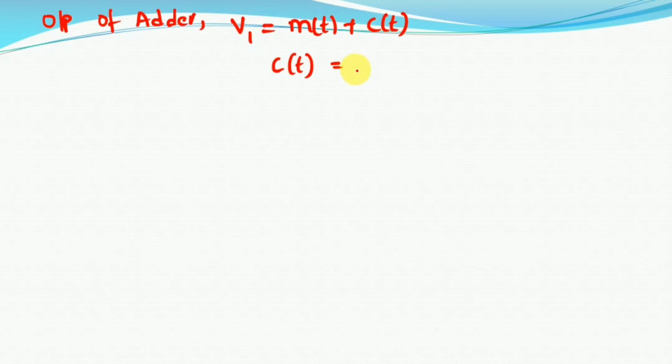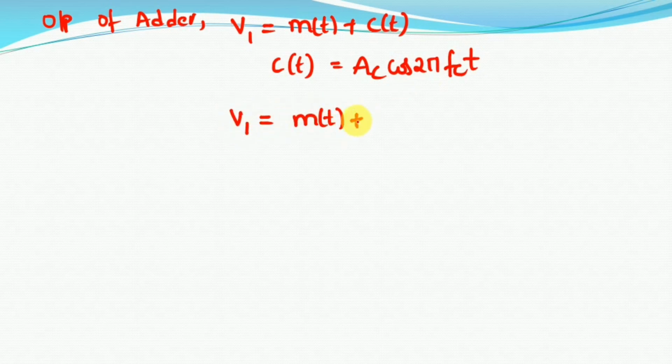I am assuming that c(t) is Ac cos 2 pi fc t. Now I can write the V1 expression as m(t) plus Ac cos 2 pi fc t.